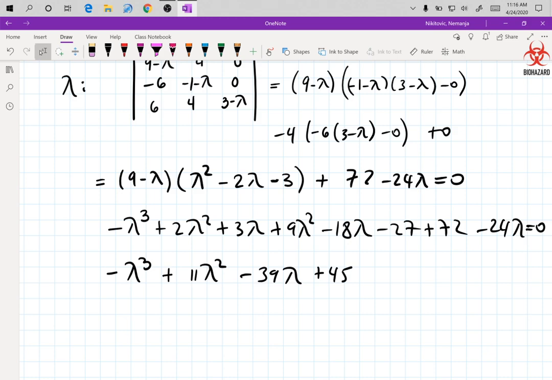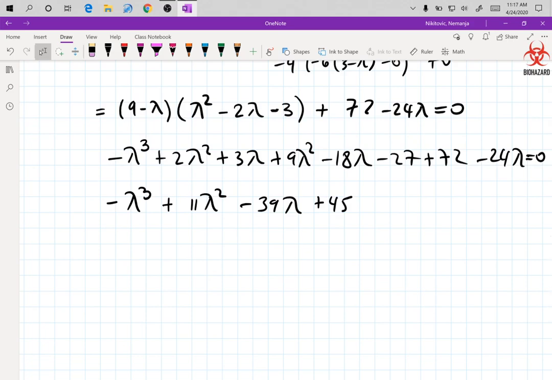Negative x squared plus 11x squared. I got it right. Okay, so now I'm going to type factor this expression.